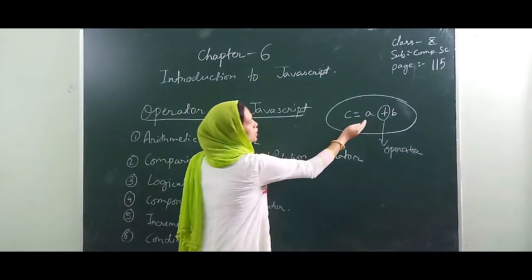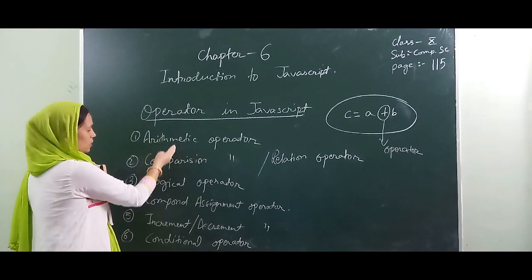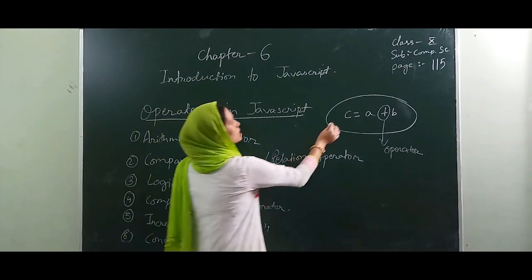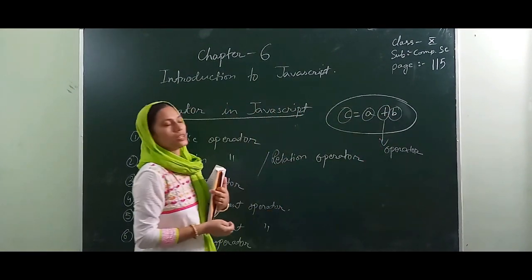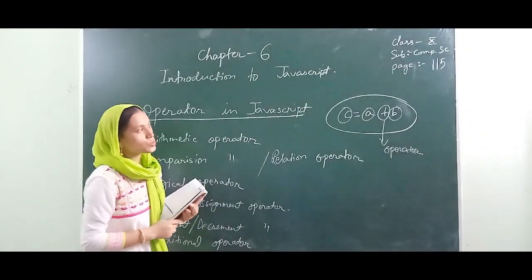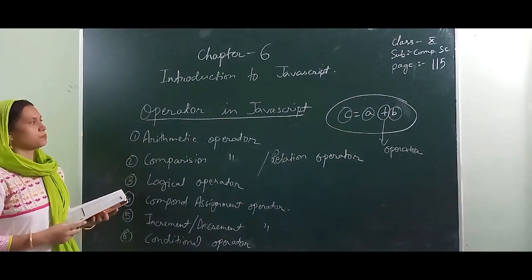Instead of plus, we can use any other operator. So such types of operators we have 6 types. And here C, A and B are called the operands of the expression. And in the middle, that equal to is the assignment statement or assignment operator.